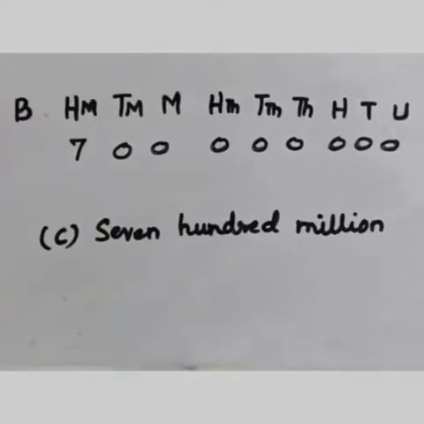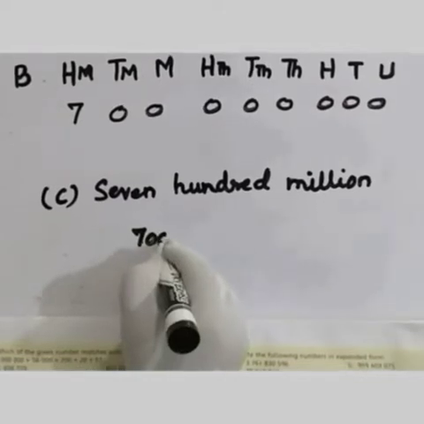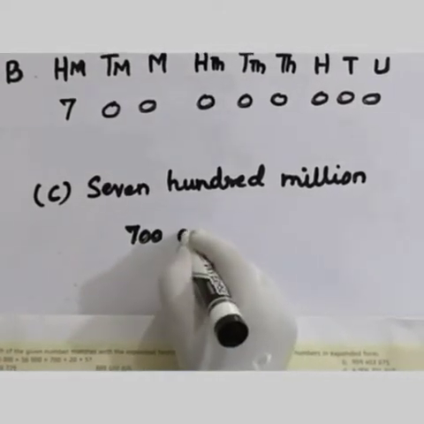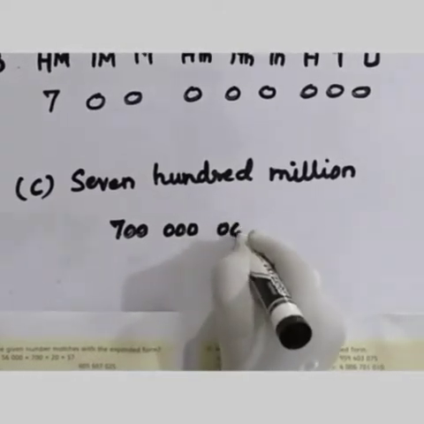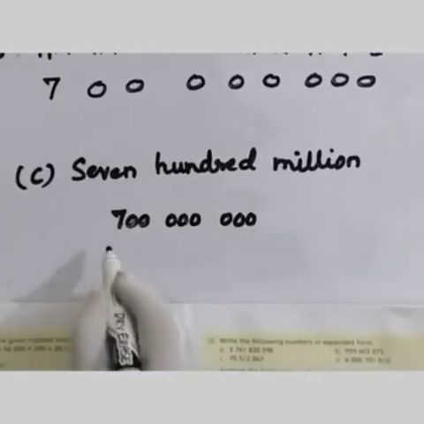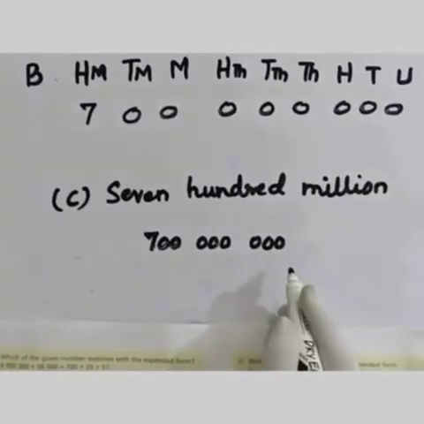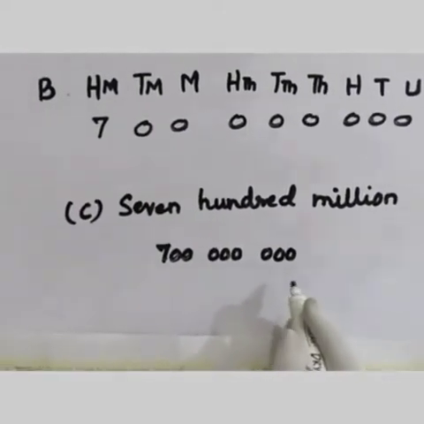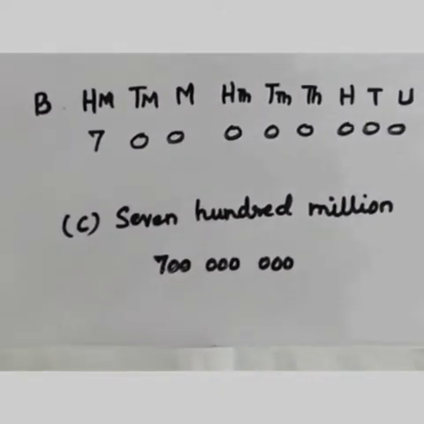We have to write in the international system. First we write 3 numbers, 7, then hundreds, then the remaining numbers. In this way we write the 700 millions in numbers. With the help of this you can complete your question number 5.